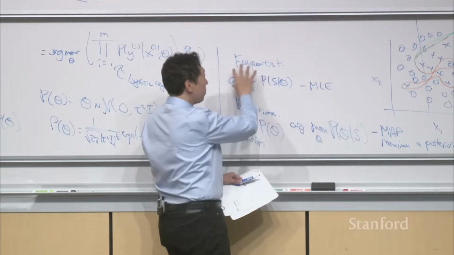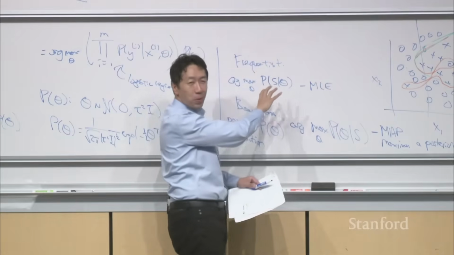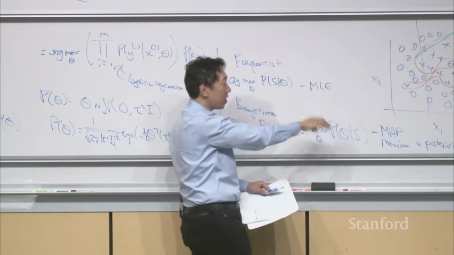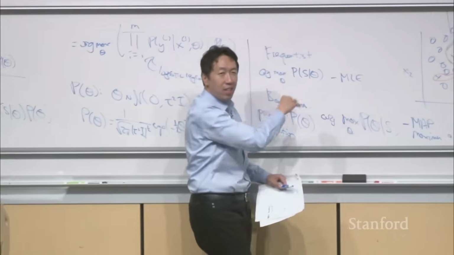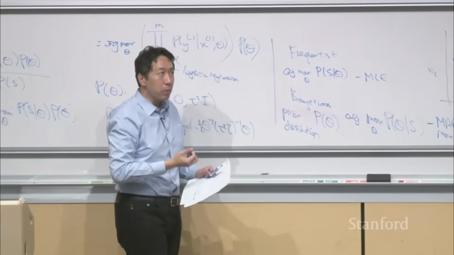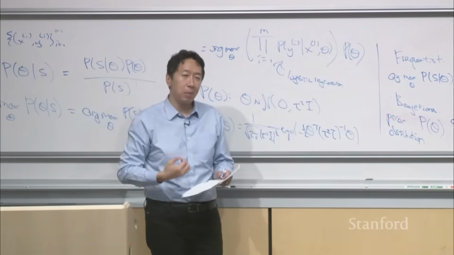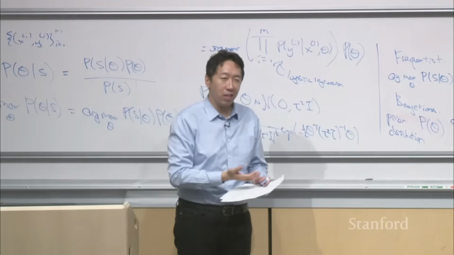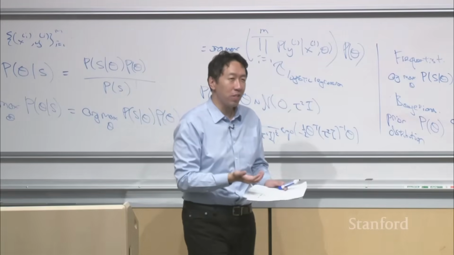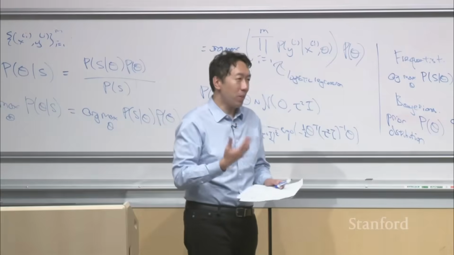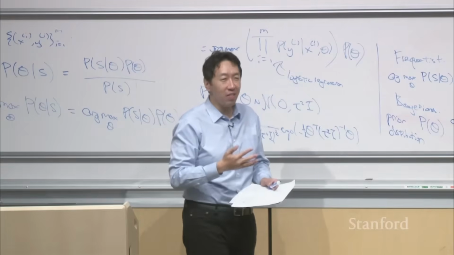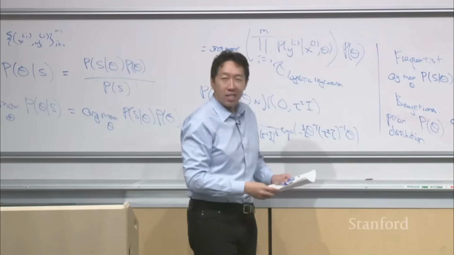It turns out that frequentist statisticians can also use regularization. It's just that they don't try to justify it through a Bayesian prior. If you're a frequentist statistician, your job is to wake up and come up with an algorithm to estimate this true value of theta that exists out in the world. And you can come up with any procedure you want. And as part of your procedure, you can add a regularization term. I think a lot of these debates between frequentists and Bayesians are more philosophical.